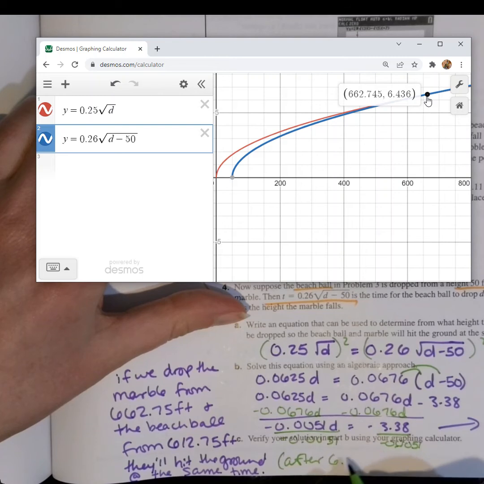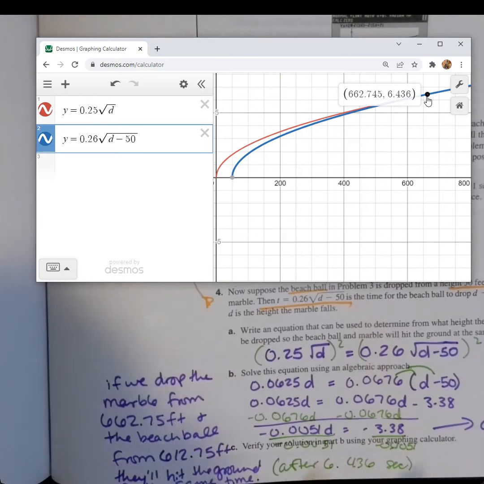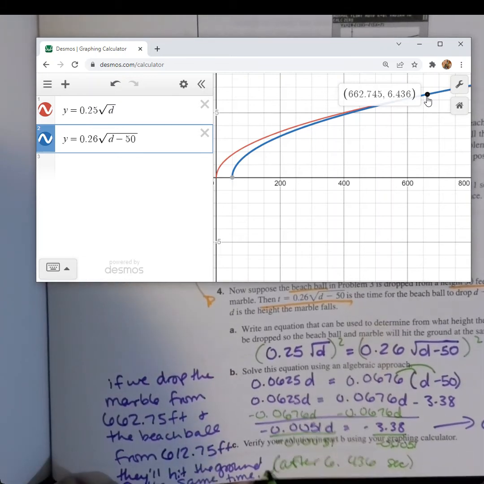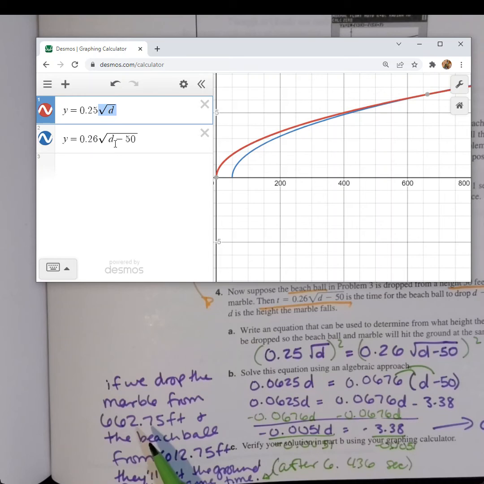After 6.436 seconds. And I could have gotten that value algebraically had we chosen to by plugging the D value, 662.75, into the equation for D in either equation. I would have come up with a 6.436.